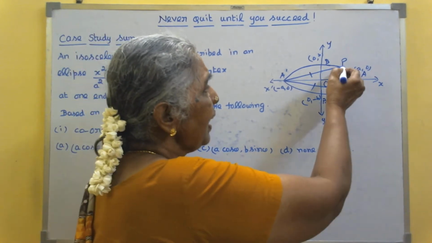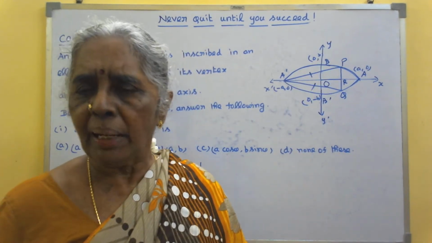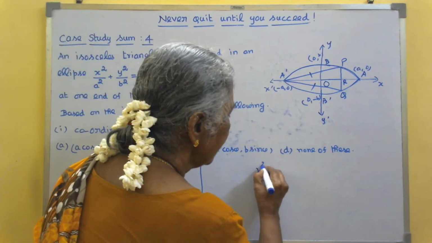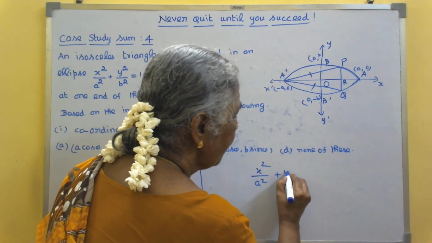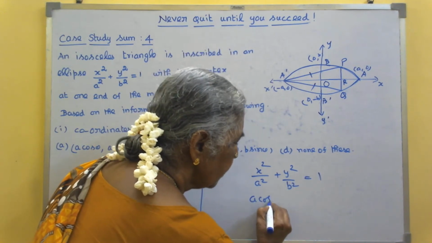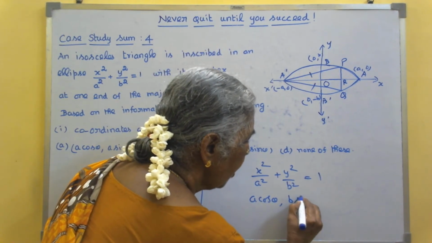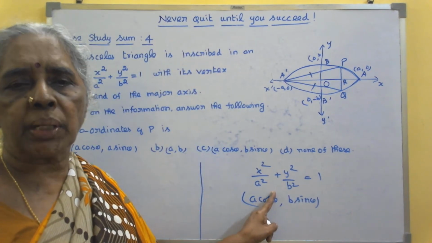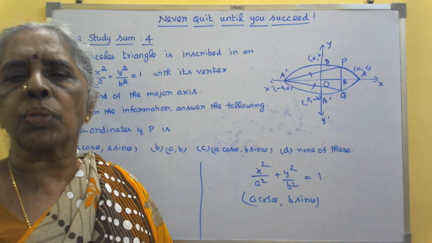Now this P is in the first quadrant. The equation of the ellipse is x squared by a squared plus y squared by b squared is equal to 1. The point a cos theta comma b sin theta will satisfy this equation for all values of theta.